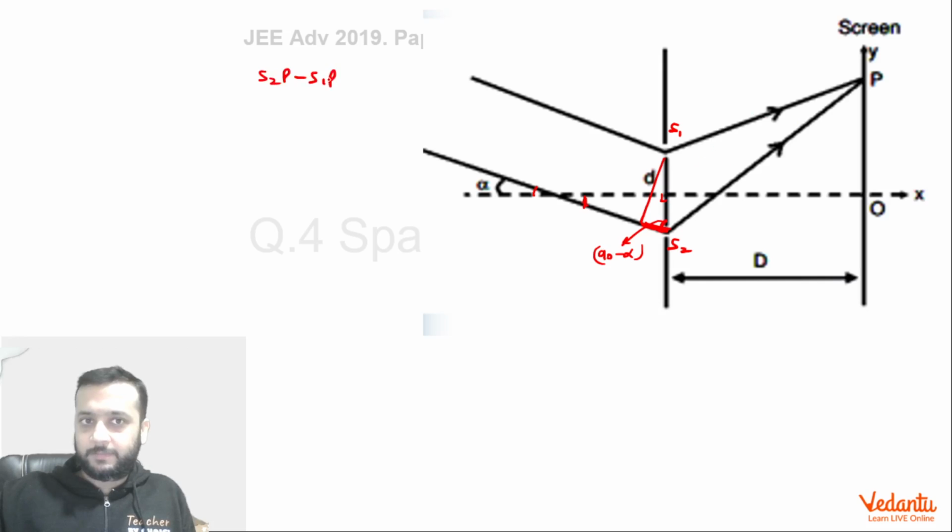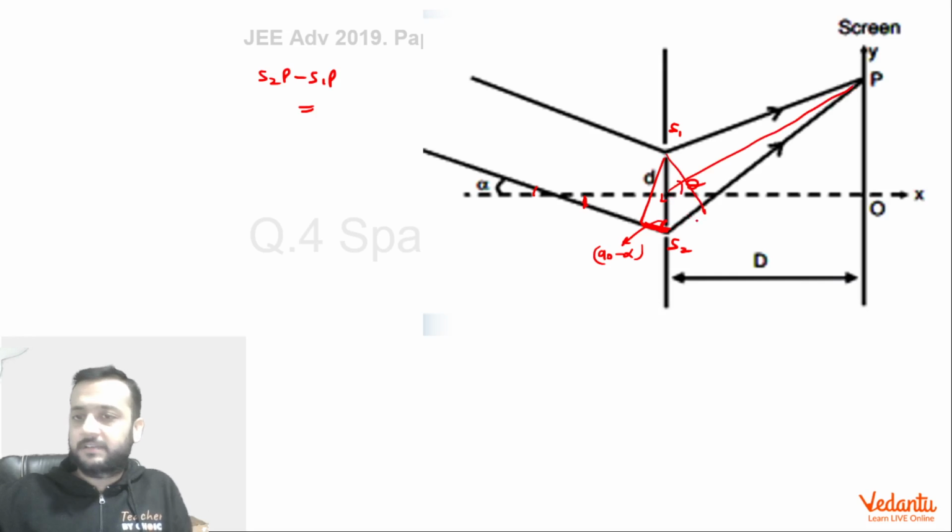Now if you find S2P minus S1P, we know that this is d, and if we call this angle theta, then the path difference will be d sine theta. We know this from the YDSE result.